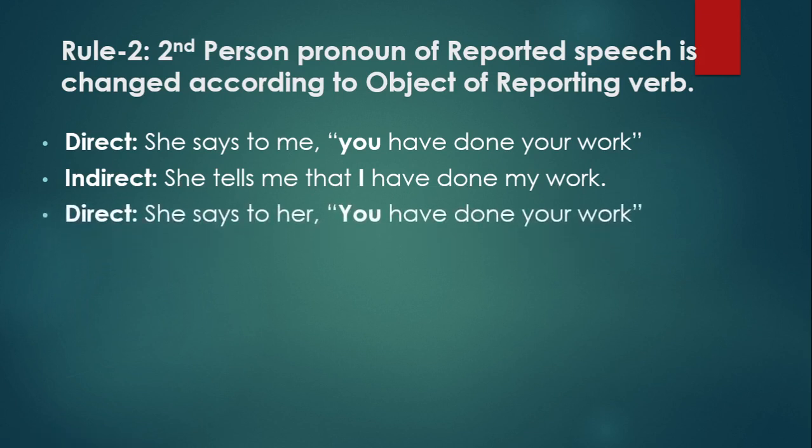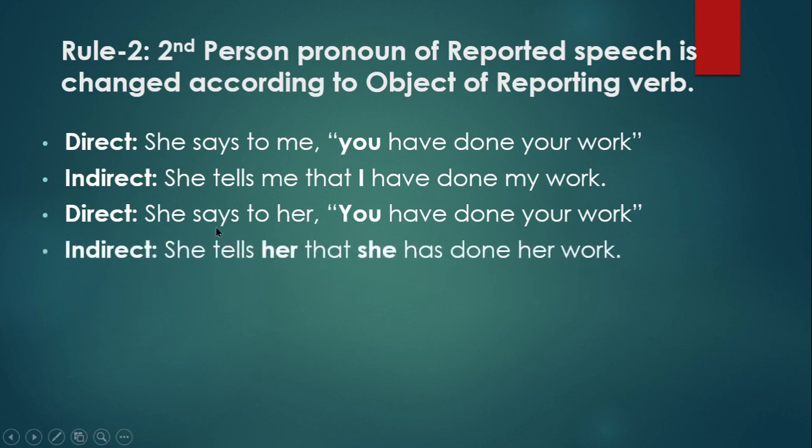She says to her, you have done your work. Okay. Now what to do? We have to change this you according to the object. You see, she tells her, and for inverted comma use that, and change this you according to the object her.